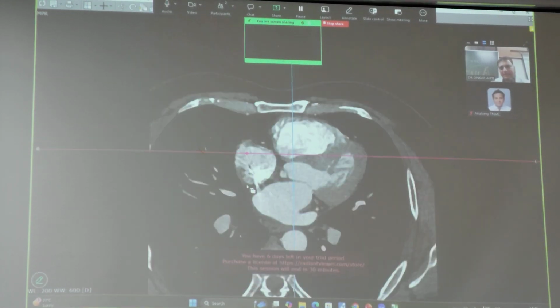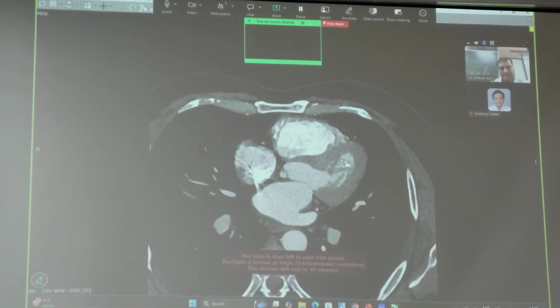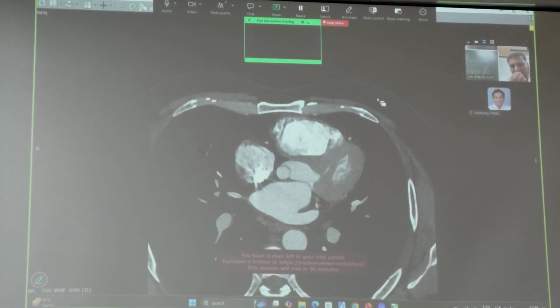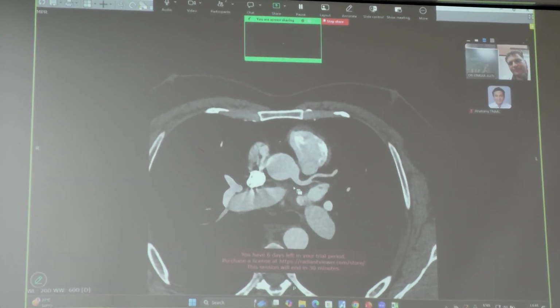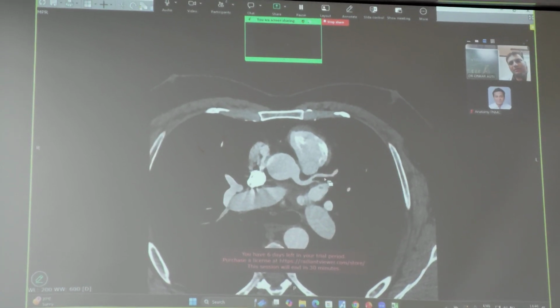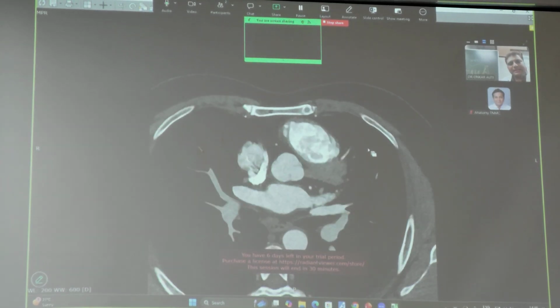Let's look at this one. So I'm just scrolling through the images over here. Okay, so this is your left coronary artery arising from the left coronary sinus. Then it divides into the LAD over here, which is the left anterior descending coronary artery.